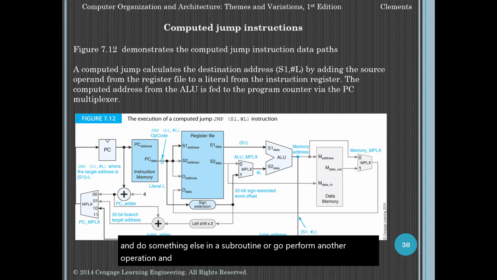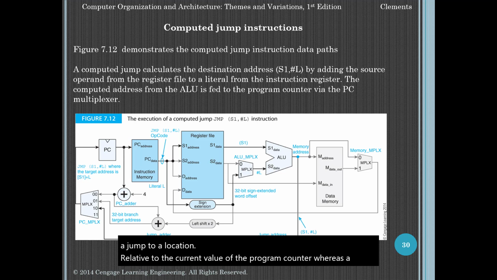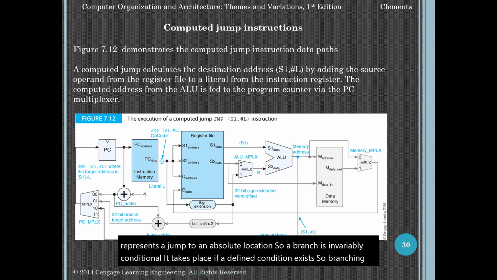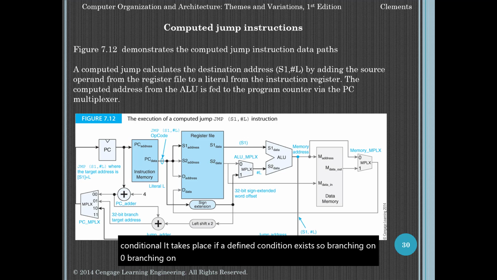So generally the term branch implies a jump to a location relative to the current value of the program counter, whereas a jump represents a jump to an absolute location. So a branch is invariably conditional. It takes place if a defined condition exists. So branching on 0, branching on carry. All right, we saw that when we did some of our ARM programming.